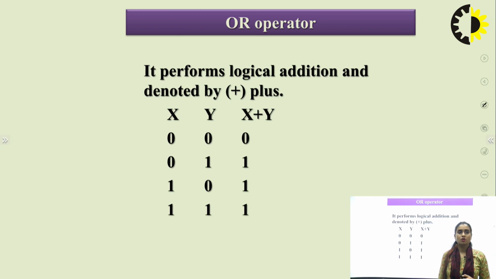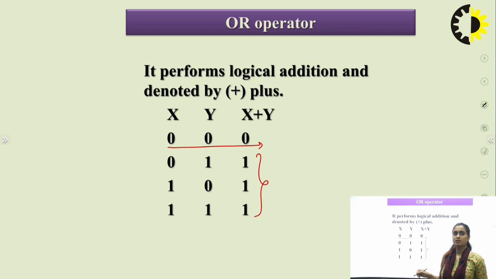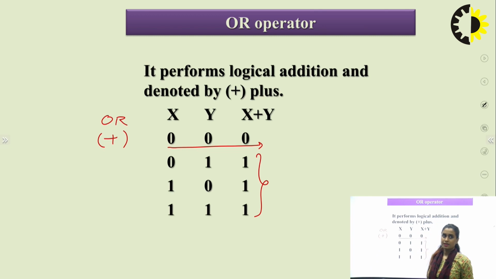If I talk about the OR operator, then if either of the inputs is 1, I do get 1 as output. So there is the possibility of obtaining 0 only when both the inputs are 0. The logical operation OR is represented by plus, right?